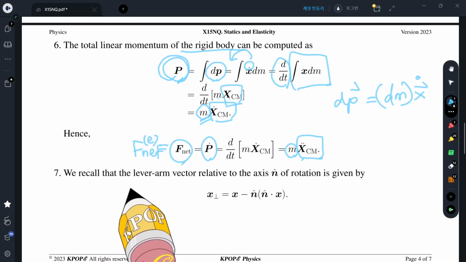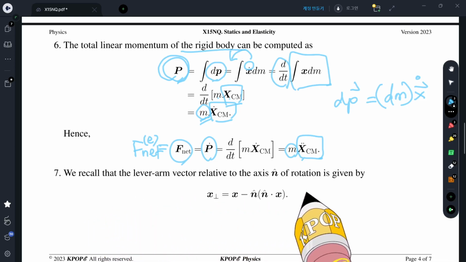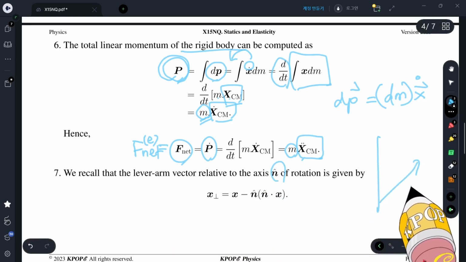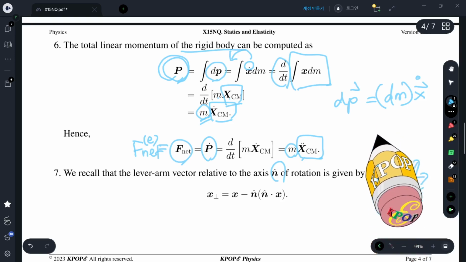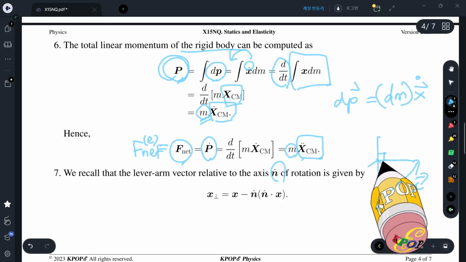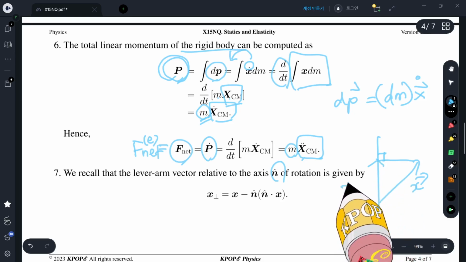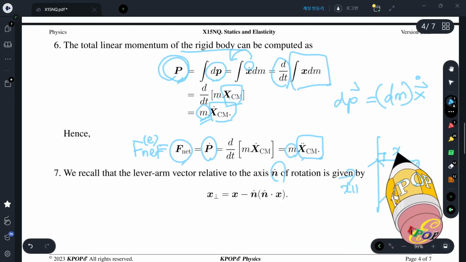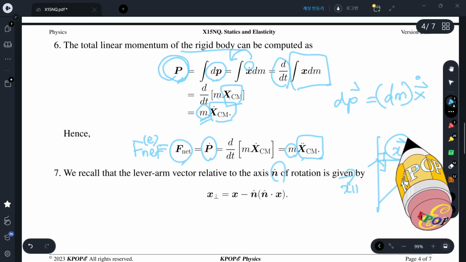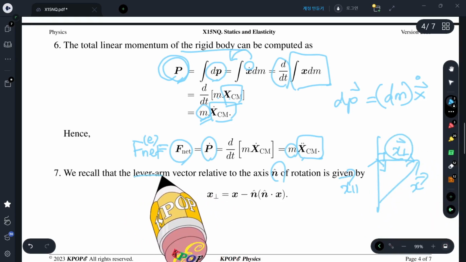We recall the lever arm vector relative to the axis of rotation. If I have an axis of rotation, this is the parallel component, and this is the perpendicular component, and this x-perp is called the lever arm vector.